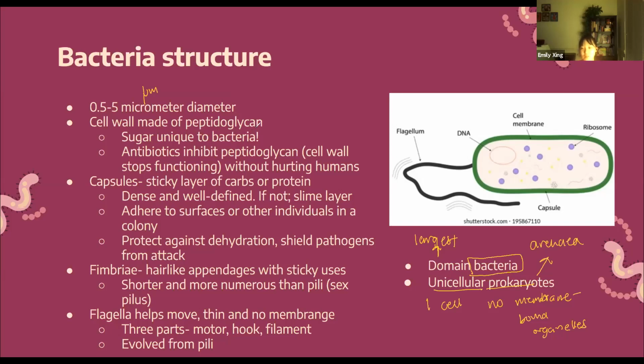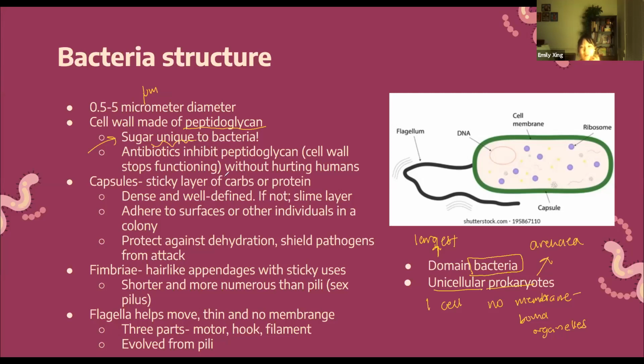Even though they're both unicellular prokaryotes, and both have cell walls, one difference is that the cell walls of bacteria are made out of this special thing called peptidoglycan, a sugar that is unique to bacteria.